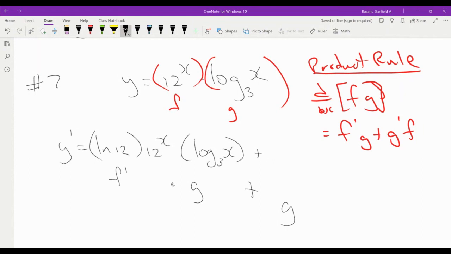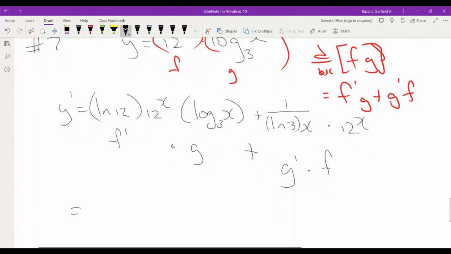Excellent. It's going to be 1 over the ln of 3 times x, right? This is the rule we just covered. So you see how they're incorporating all these rules into one problem? And finally, we're going to times it by f. And our f in this problem is 12 to the x.